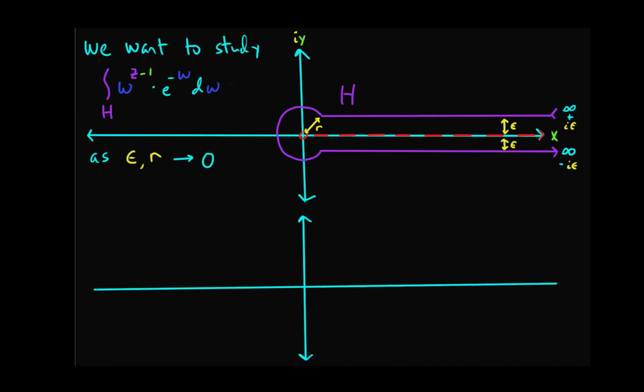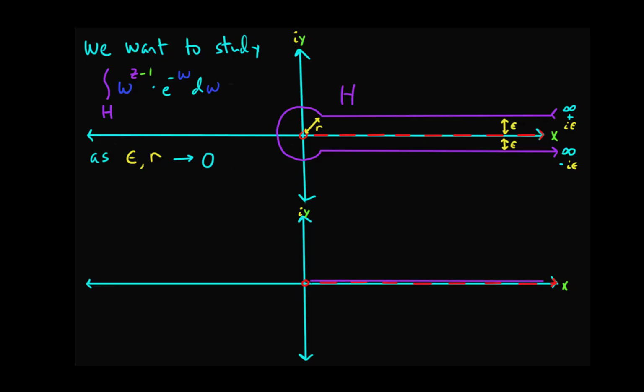So I want to draw what that limit contour will look like. I'll lay down another set of coordinate axes, x and iy. And now we'll draw our branch point and our branch cut along the positive x-axis. And as we let epsilon get really, really small, our contour running parallel to the x-axis gets infinitely close to it.